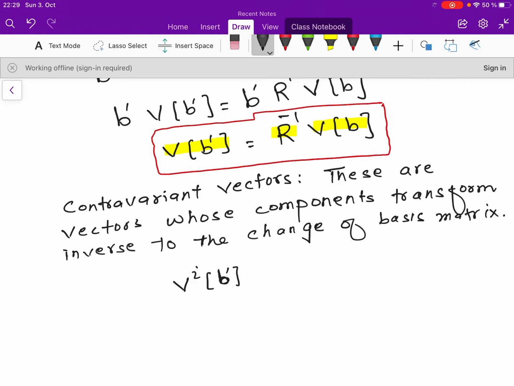You can also for convenience put a prime here, which means this is in the primed coordinate system. These will become equal to (R inverse)^i_j and then V^j in the unprimed coordinate system.